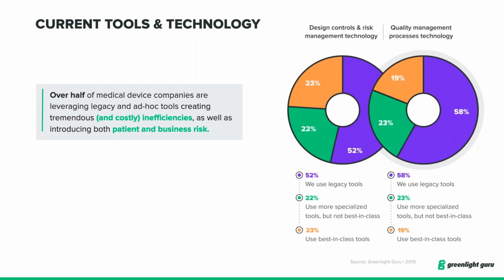Whether you're using Greenlight or some other solution, my recommendation to you is to make sure that we're getting away from these legacy tools and starting to use more purpose-built solutions and workflows that meet the needs of a medical device professional, that align with the regulations and the requirements, specifically with respect to risk.